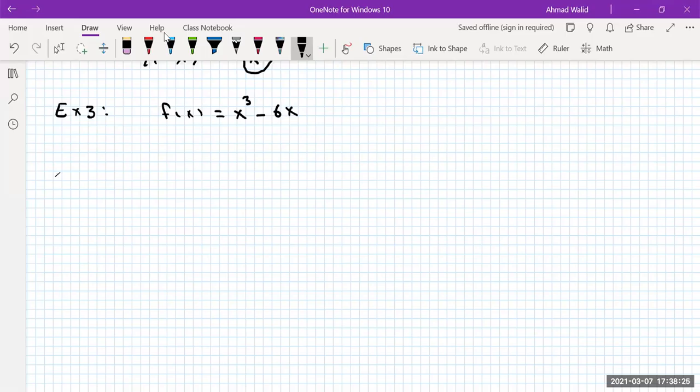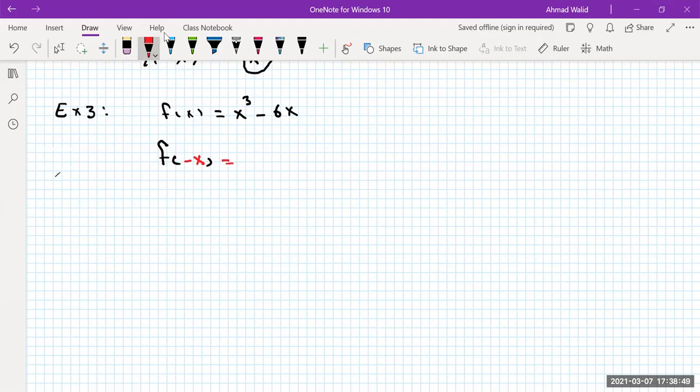They are telling you to check if this function is even, odd, or neither. The test is you only test once. You don't test a few times, because you just replace your x with negative x. What I do, I look here for the f of negative x.